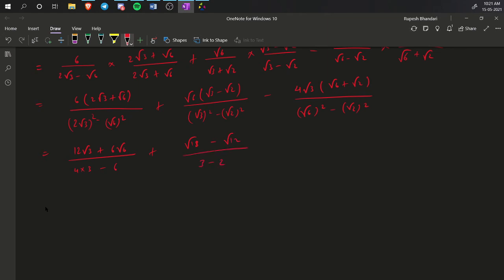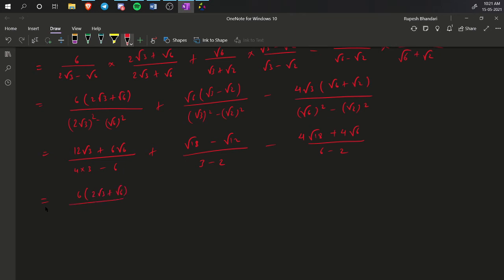So 3 minus 2 will be 1, 4 under root 18, and then plus 4 under root 6, 6 minus 2. So this will be 6 will be common, 2 under root 3 plus under root 6.